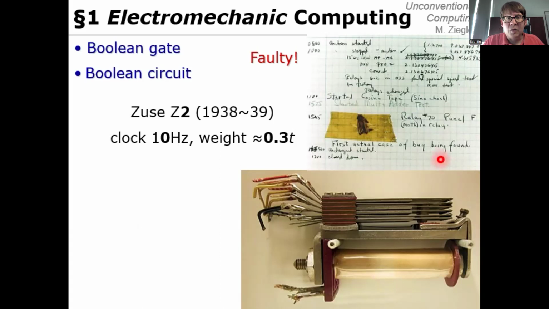It didn't run the program as expected. And when trying to find the cause of the fault, they found that a bug had been stuck somewhere in the electromechanical switches and prevented it from operating. And here you see the logbook says first actual case of a bug being found. So here the bug had been preserved, and this is why computer errors are nowadays called computer bugs in reference to this bug.